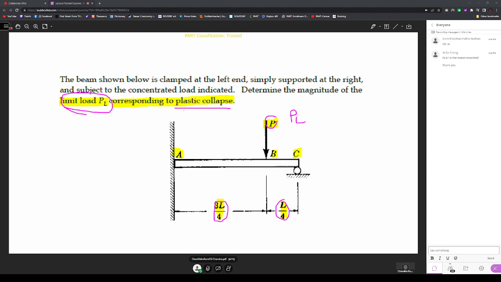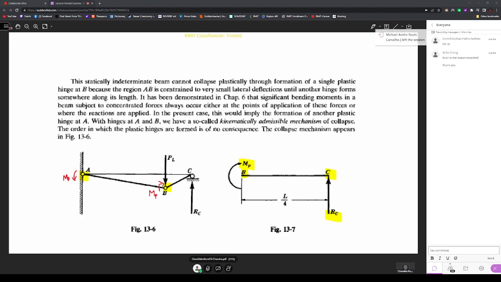These are the points where the concentrated loads are acting, and are also the points which are pin connected. So different types of connection will yield fully plastic state first.